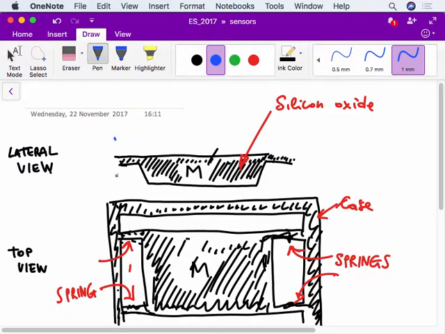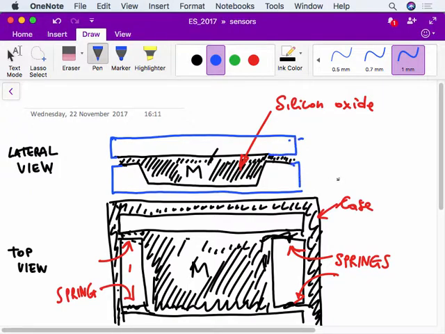The capacitors are these ones. This is the lateral view. I have the fixed plate on the top and on the bottom. I change color just to show you that I have a bottom plate here.